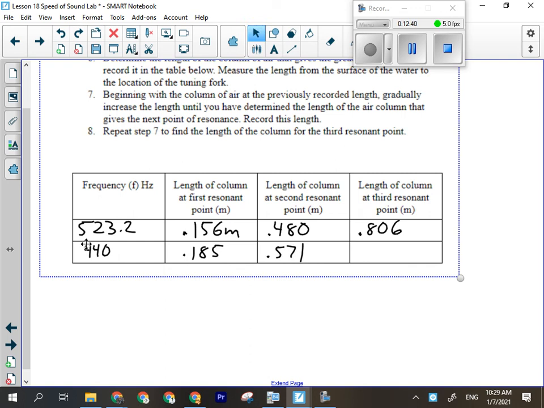This one might be a bit tough for me because it's going to be above my head. Oh, that wasn't a very good strike. Okay. All right, and that one we're looking at 0.949.